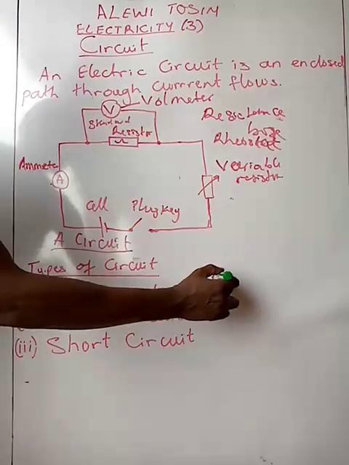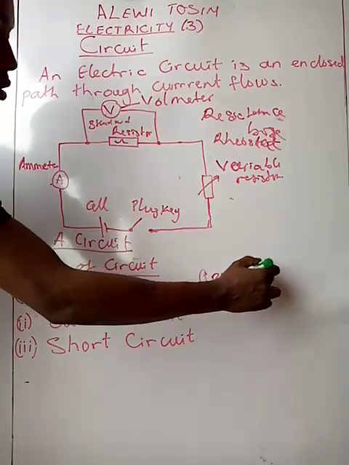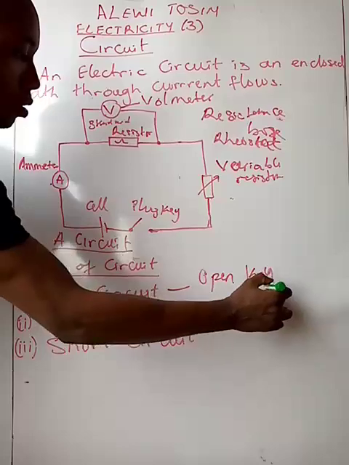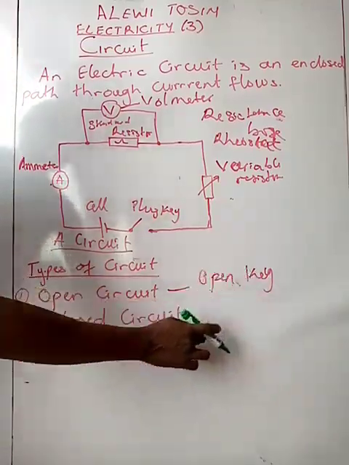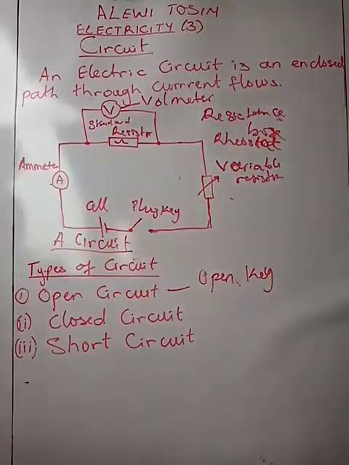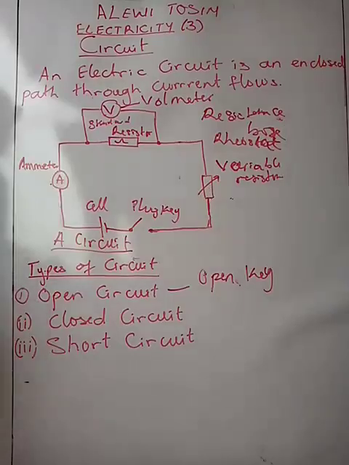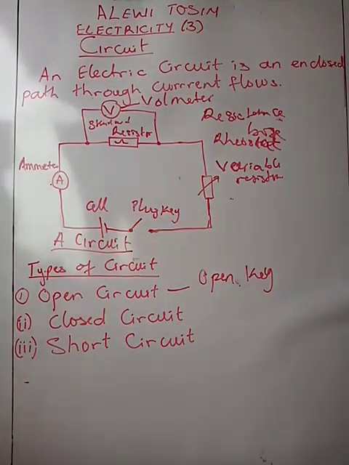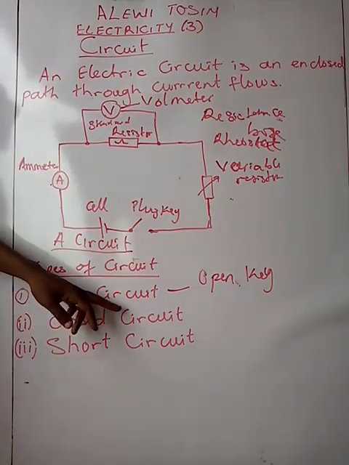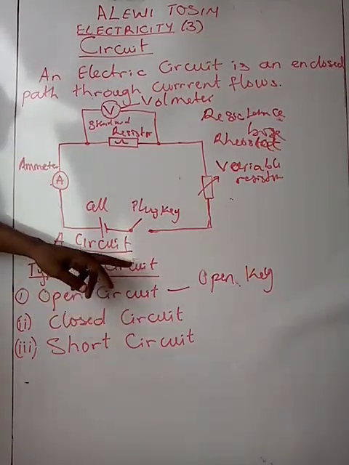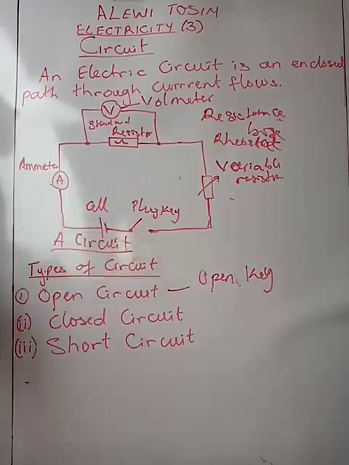When the key is open, we say it is an open circuit. But a closed circuit is a circuit whose key is closed. Let me correct the statement there. When the circuit is open, it means there is no flow of current.